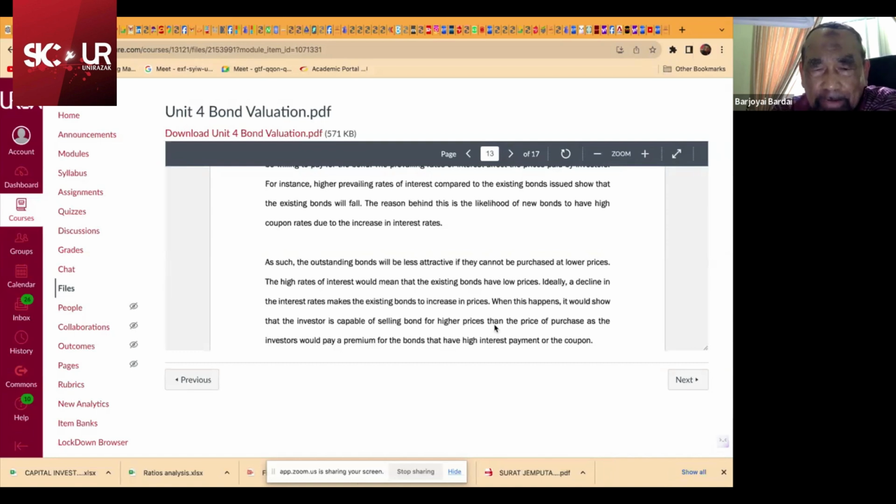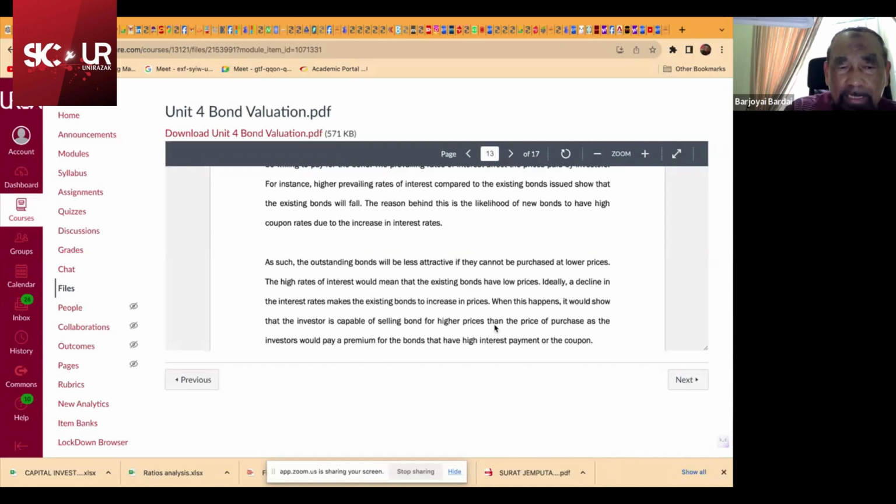And when the coupon rate was low, then it become a problem when the bank increased the interest rate. When the Federal Reserve increased the interest rate, then the price of the bond will drop drastically.